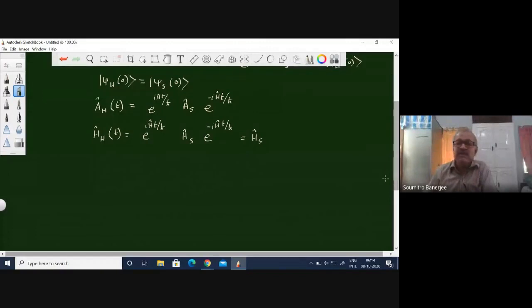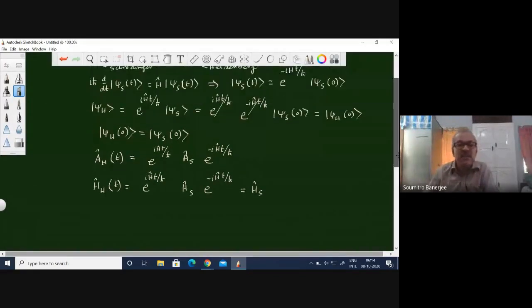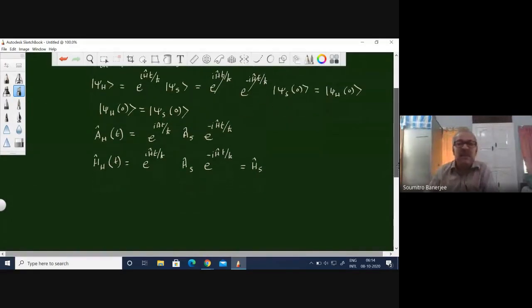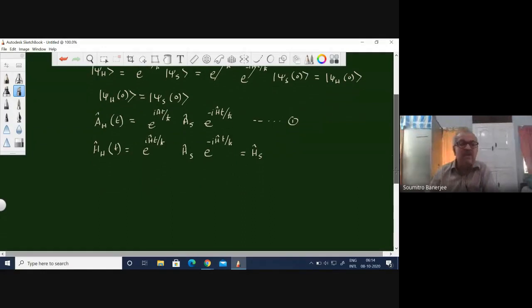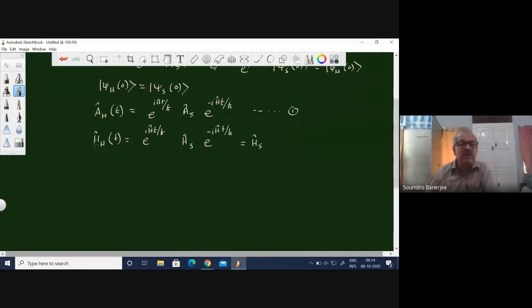So now let us take an operator and see how it changes with time. I want to figure out d dt of the expectation of A in the Heisenberg picture. To figure that out, you have to differentiate this with respect to time.